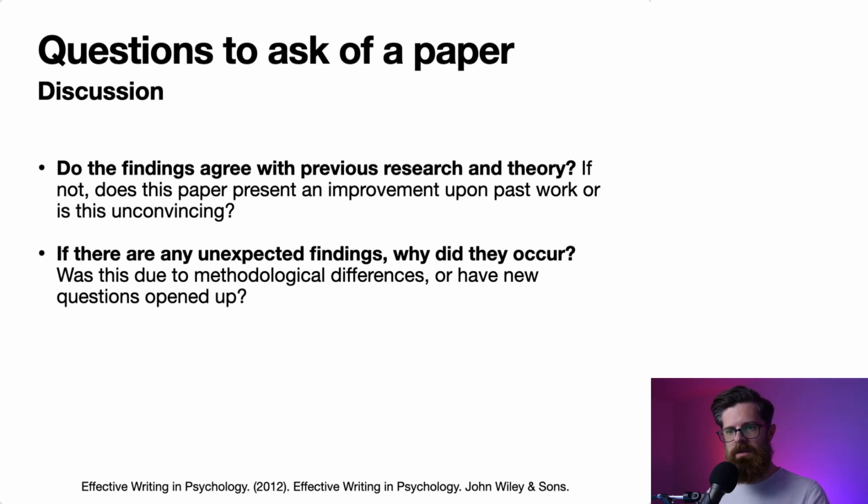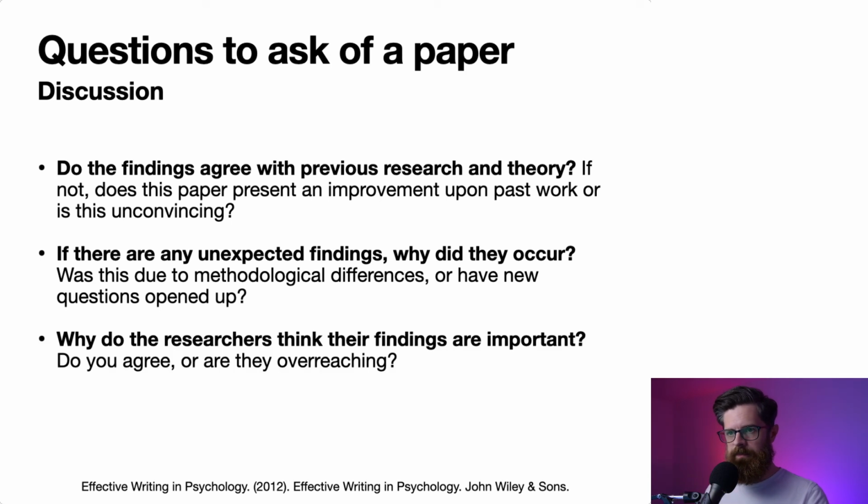Are these unexpected findings caused by a change in methodology from a previous paper, or perhaps they have used a participant pool which is different from what other papers have done? I think being able to work out whether the findings are important and whether you agree with that is a useful skill to have.